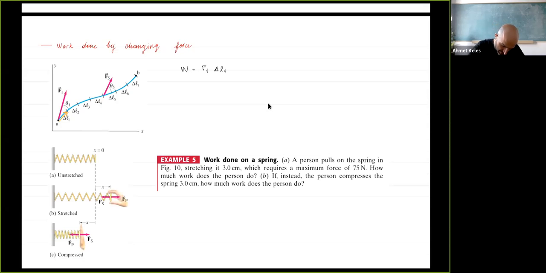I don't want to write these cosines, so this is F1 dot delta L1 plus F2 dot delta L2 plus F3 dot delta L3 plus, all the way to the end, Fn dot delta Ln.